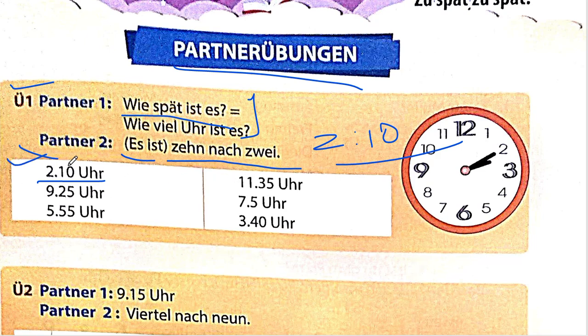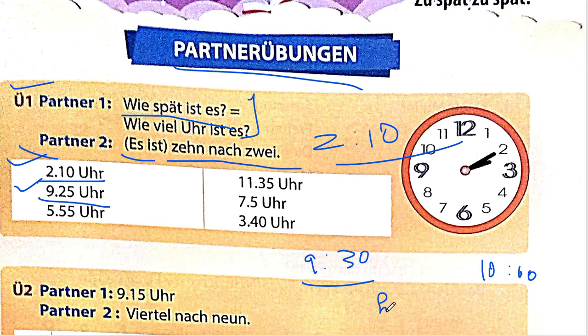Let me give you an example for 9:25, and the rest you have to do by yourself. If you want, you can comment it down below. 9:25 is close to 9:30. Obviously, it is 5 minutes before 9:30. True or not? True. So 9:30 is half of what? 10 o'clock. 9:30 is half of 10 o'clock.